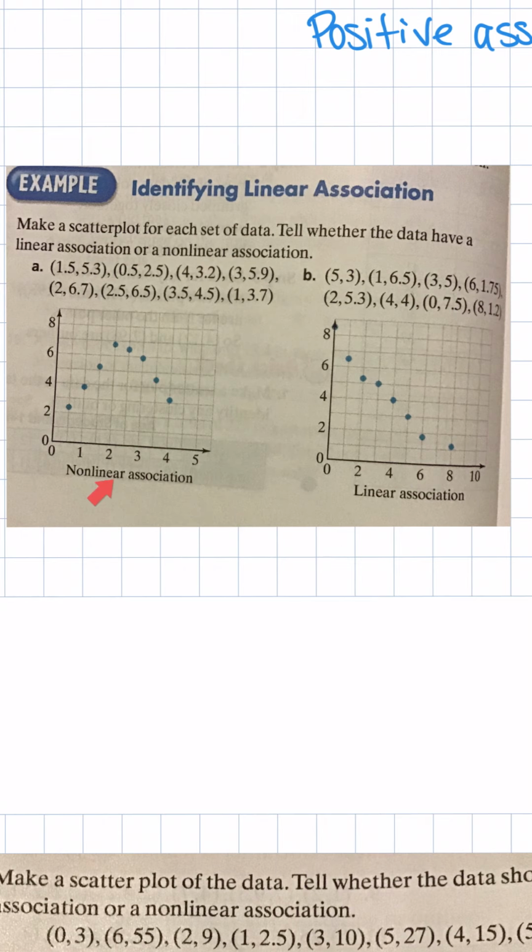So if it does not continue, it is called a non-linear association. This one, however, comes off, but it still is always a downward trend. So this is considered a linear association. Okay, so we have non-linear associations, linear associations.